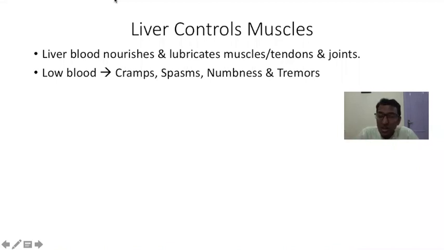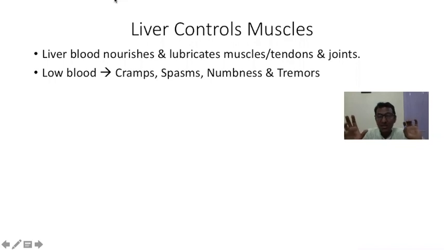And which organ is responsible for the wind as per TCM? It is the liver. The extra wind getting stored in the liver is causing all these problems, the unnecessary movement of something in the body.